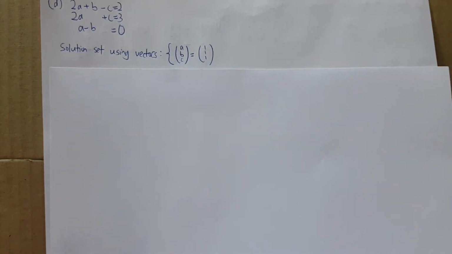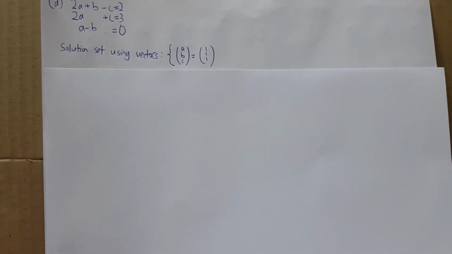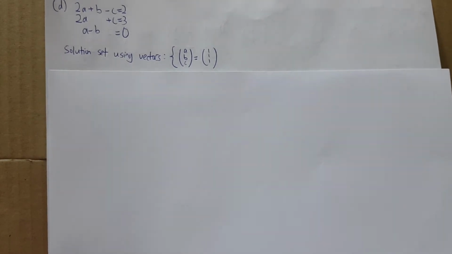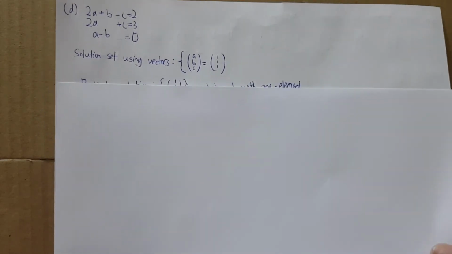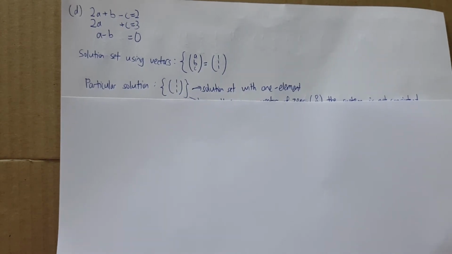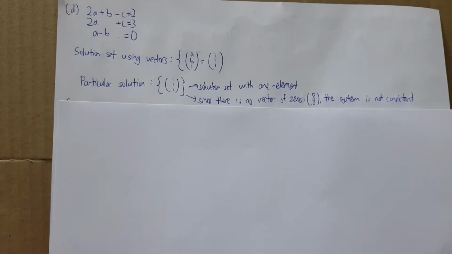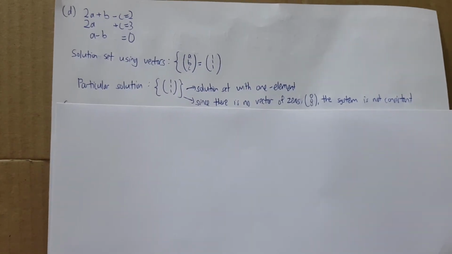And as you can see again, there are no free parameters. This means that the solution set is a one element set, hence we only have a particular solution. And since it does not have the zero vector, this system is not consistent at all.